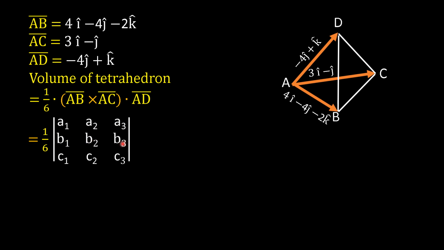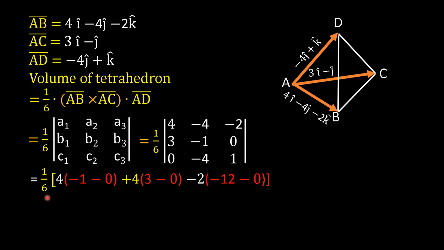A3, B1 B2 B3, C1 C2 C3, which will be 1/6 times the determinant 4 minus 4 minus 2, 3 minus 1 0, and 0 minus 4 1, which will be 1/6 times 4 times minus 1 minus 0, minus of minus 4, that is 4 times 3 minus 0, and minus 2 times minus 12 minus 0.